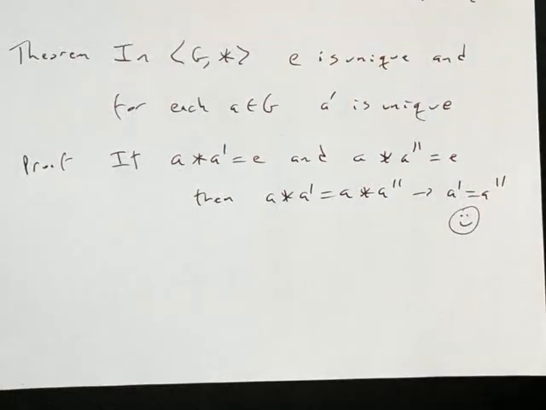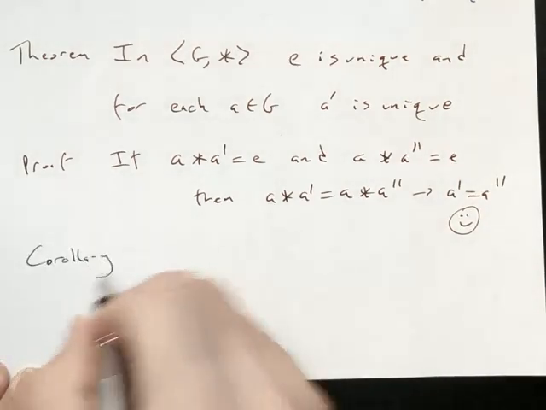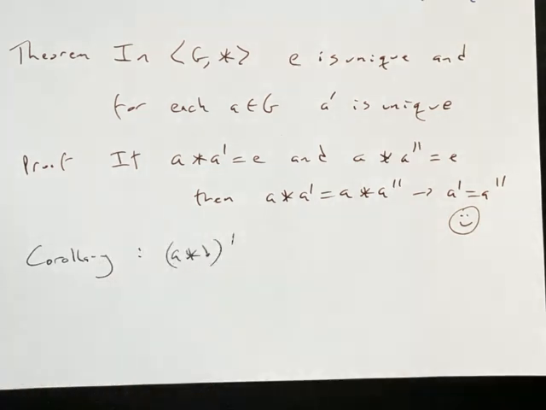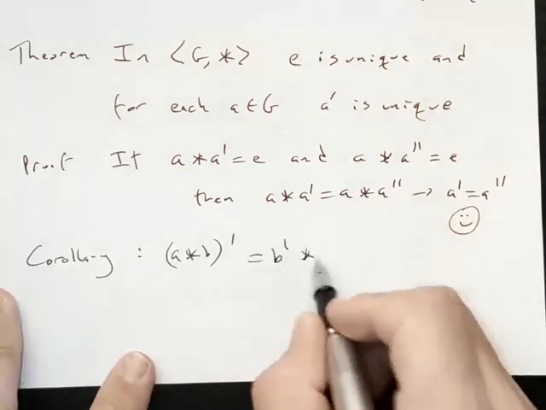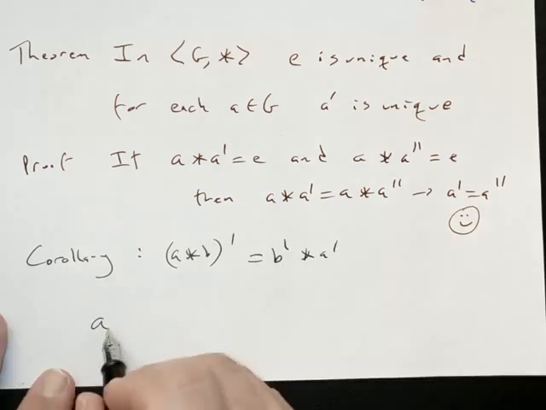This gives rise to an amazingly nice corollary. And that's how you do the inverse of a product. How do you do the inverse of a product? I take the inverse of each one, but I reverse the order. Why?